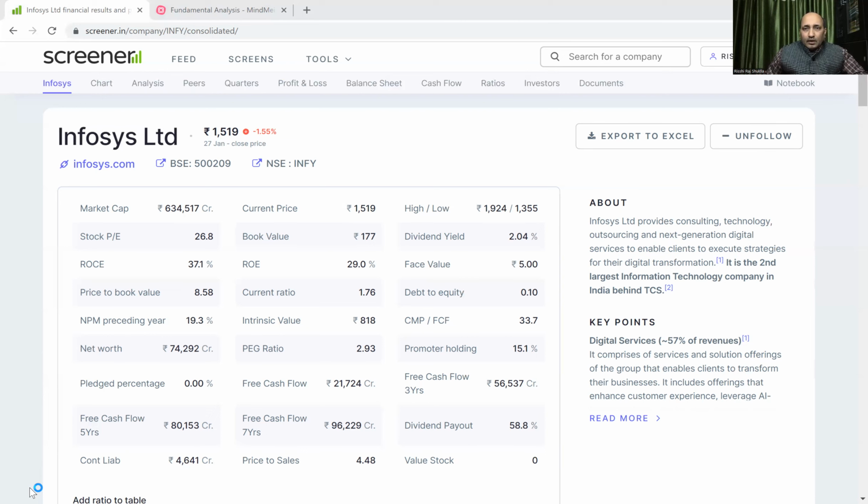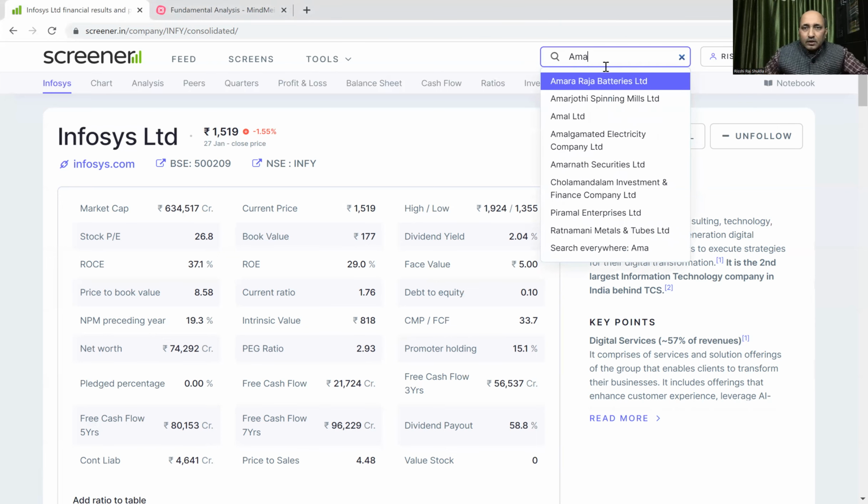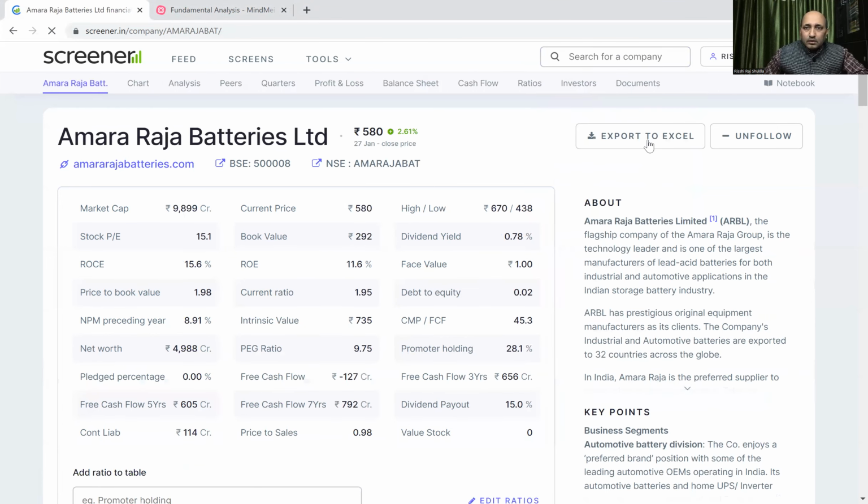Let us see our example of ARBL, Amara Raja Batteries, and how Amara Raja Batteries is performing. So close this and we'll go to Amara Raja Batteries. Again, export and we can see the figures.